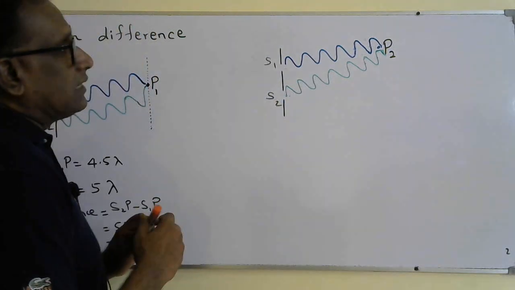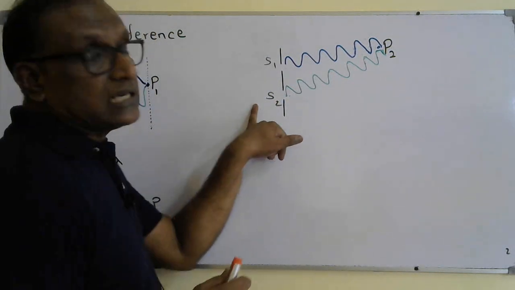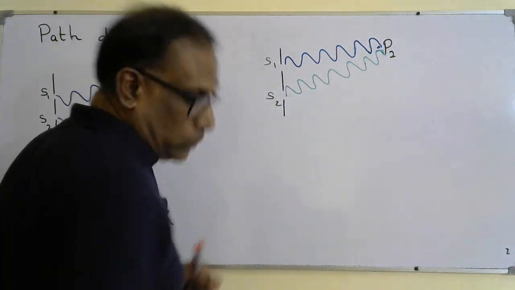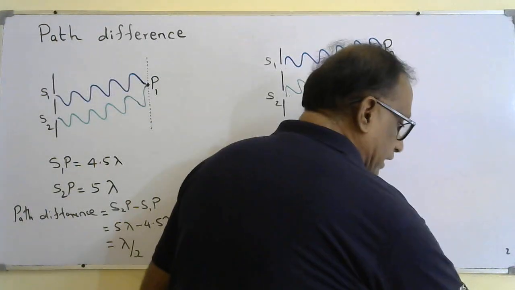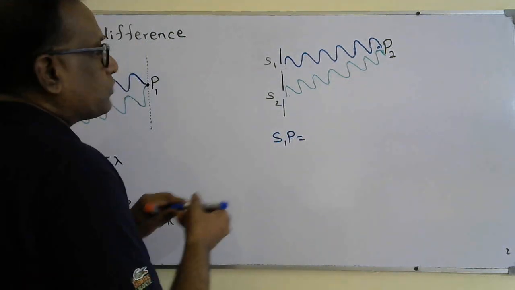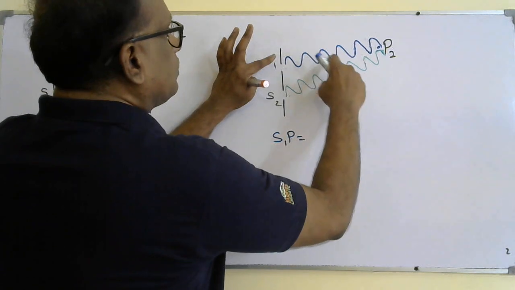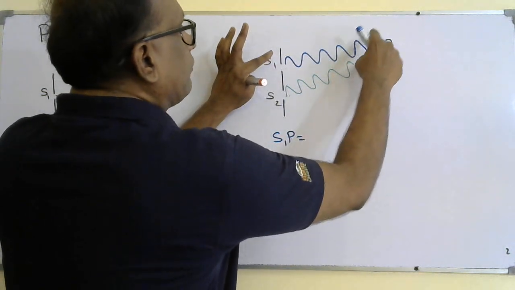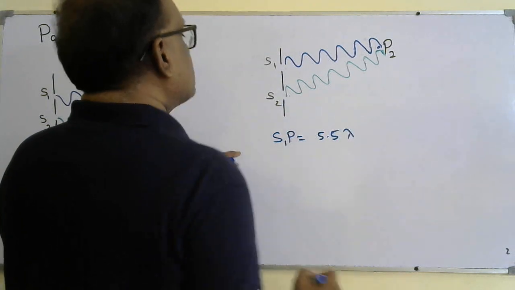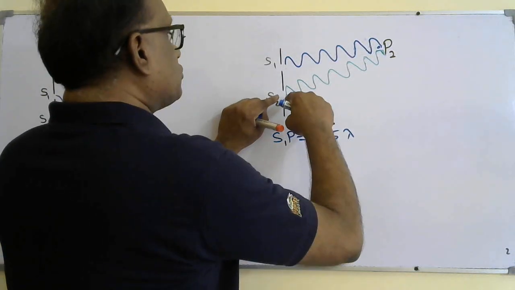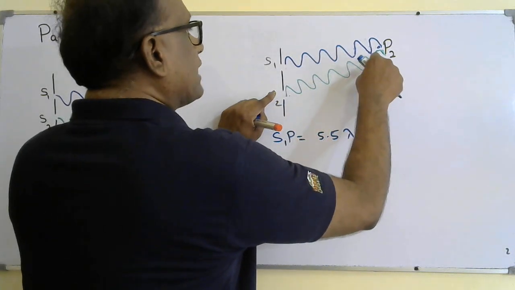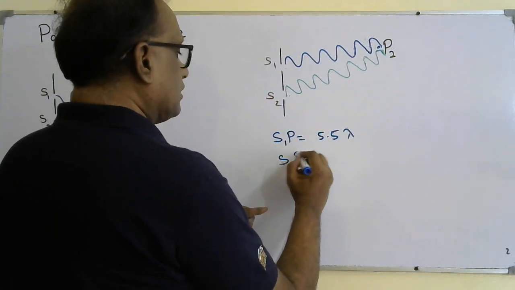When you consider this diagram, S1 and S2 are the two coherent wave sources. The distance S1P, I can give in terms of wavelength: 1, 2, 3, 4, 5, 5.5 lambda. In the same way, the distance of P from S2 is 1, 2, 3, 4, 5, 6, 6.5 lambda.